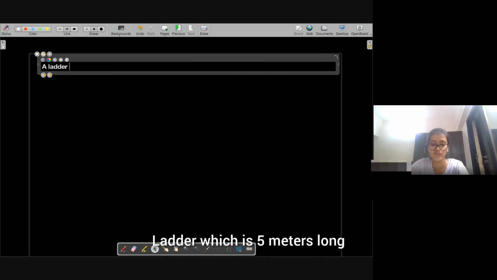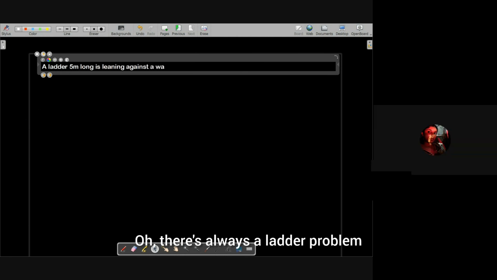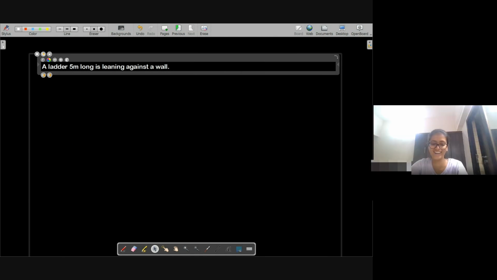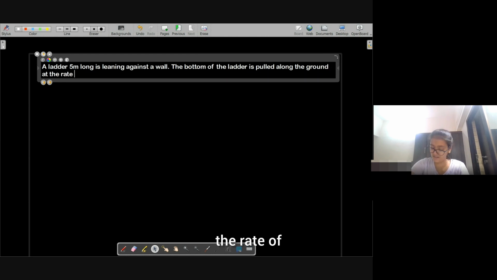A ladder which is 5 meters long is leaning against a wall. Oh, there's always a ladder problem. The bottom of the ladder is pulled along the ground at the rate of 2 meters per second.